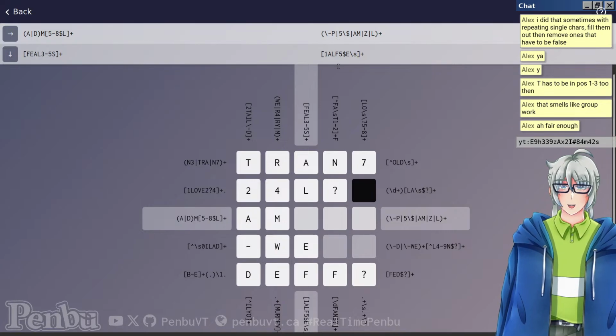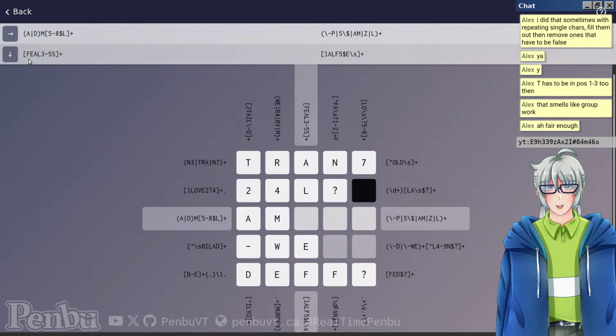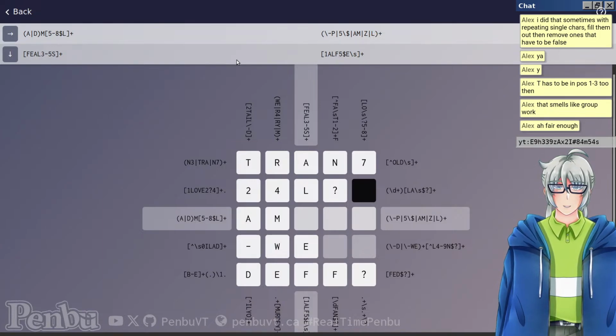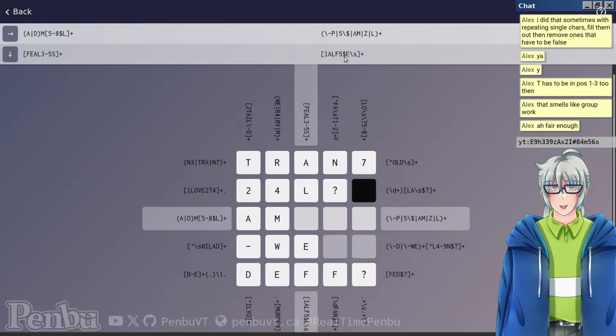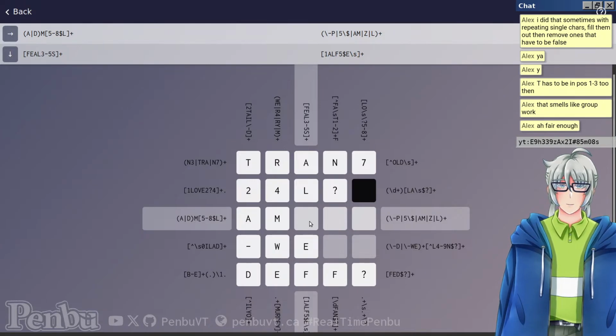Cross-checking all these character sets. Out of the smallest ones, we have FEAL, 3 to 5, so only 5 there, and then S is not in here. But also 5 to 8 L, so it narrows it down to 5 or an L here.